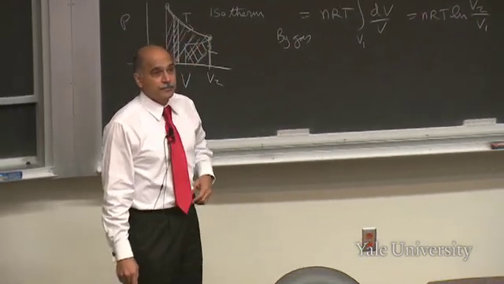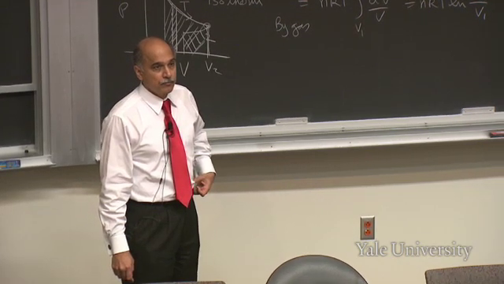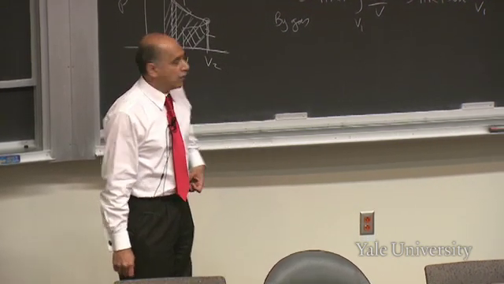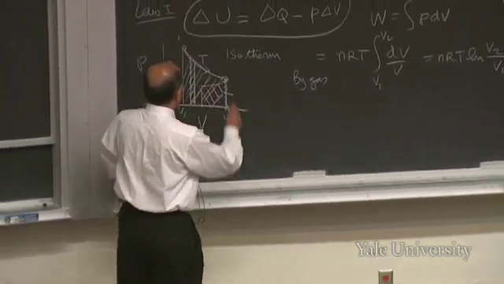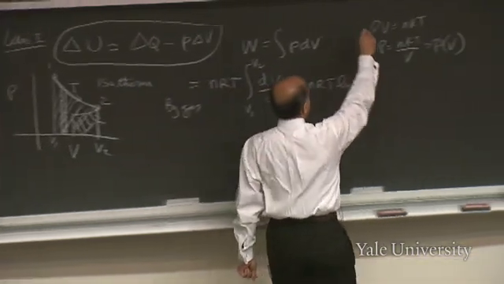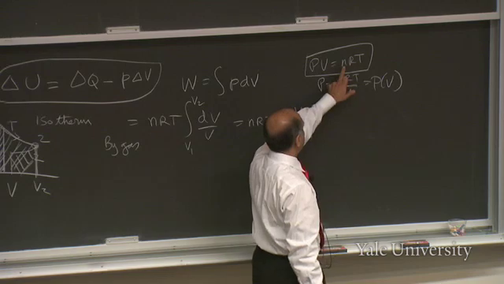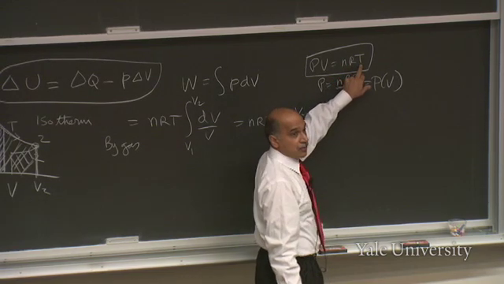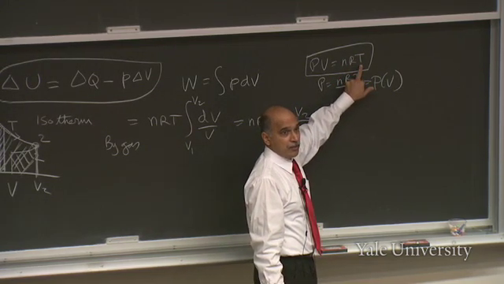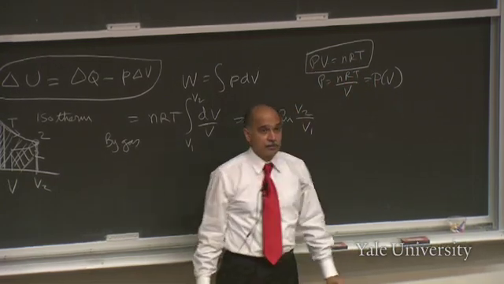Yes? What determines the shape of the curve that links the first state to the second state? Oh, this one? This will be a graph PV equal to essentially a constant. So you take your gas, you see how many moles there are, you know R, you know the temperature, you promise not to change the temperature. So you'll move on a trajectory so that the product PV never changes.